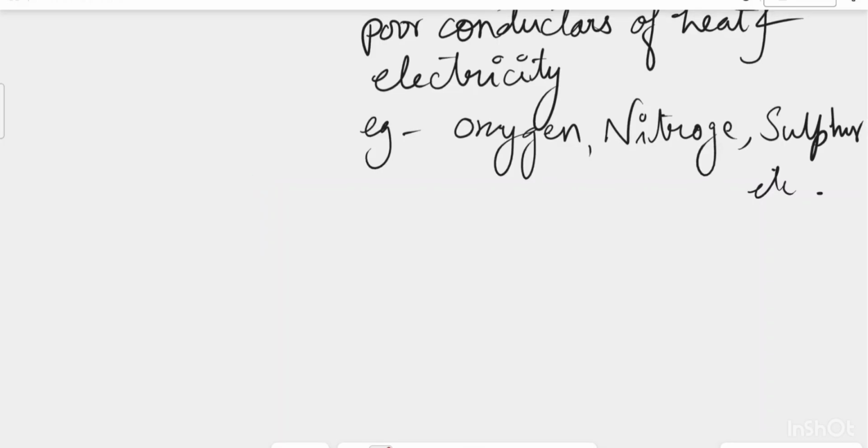There are also elements which show both properties. They are called metalloids, like boron and silicon.